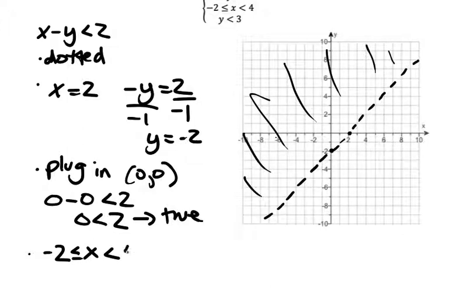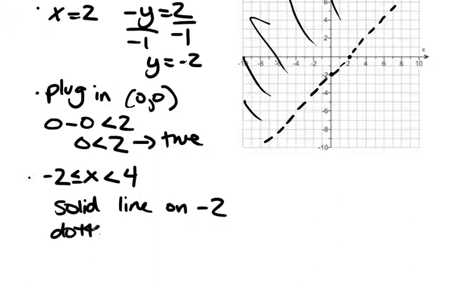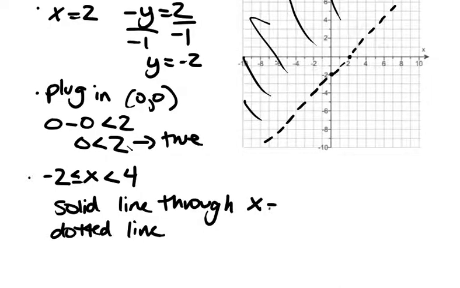We're going to have a solid line on negative 2. And a dotted line on 4. Actually, I should be a little more explicit here. Solid line through x equals negative 2, dotted line through x equals 4.